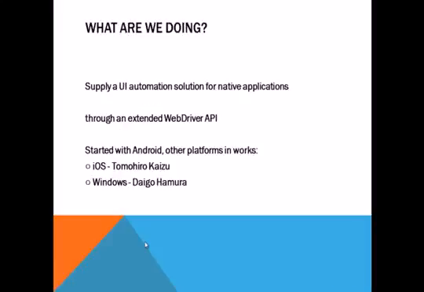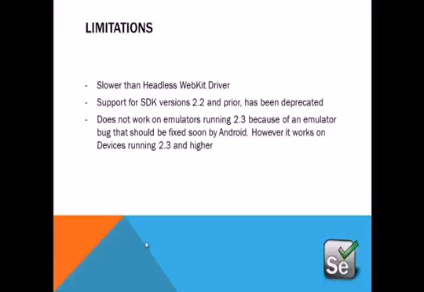So actually what we're doing is supplying a UI automation solution for native applications through an extended WebDriver API, started with Android or iOS or Windows, whatever you want. Everything has some limitations.